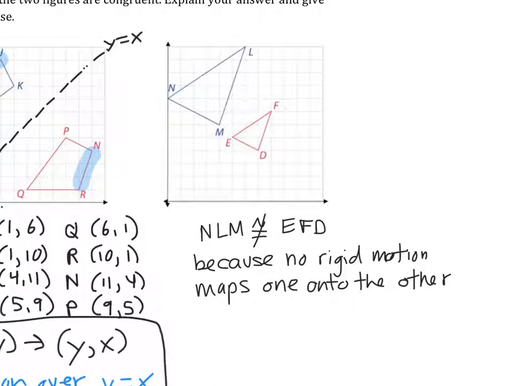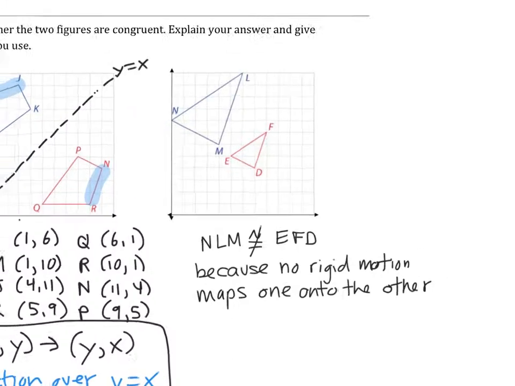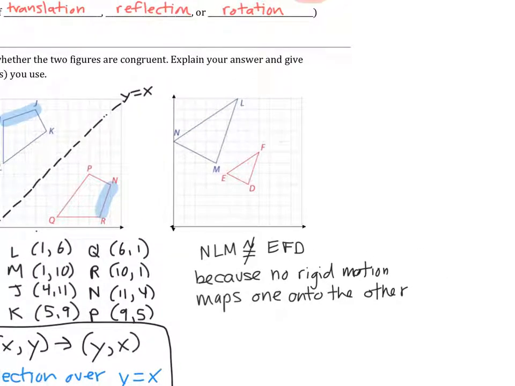Now, of course, another way that we could prove that these two figures are not congruent is by actually finding the length of this line segment and the length of this line segment and showing that they're different. However, the whole purpose of this lesson is to use rigid motion to prove whether something is congruent or not.